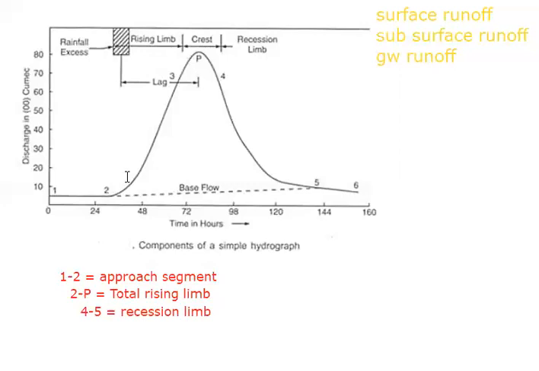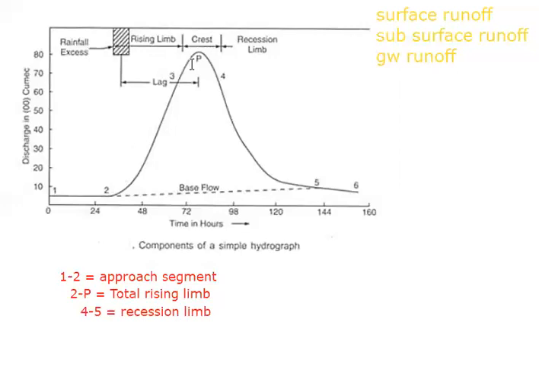But when the storm continues and increased flow from the distant part reaches the outlet of the watershed, then the rising limb rises rapidly to the peak point P of the hydrograph, right?